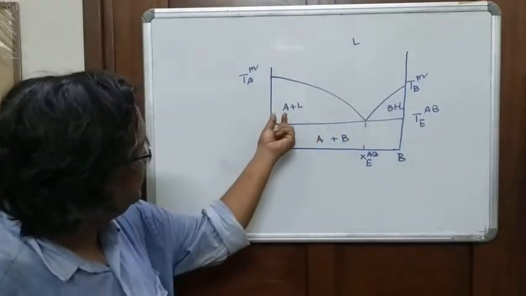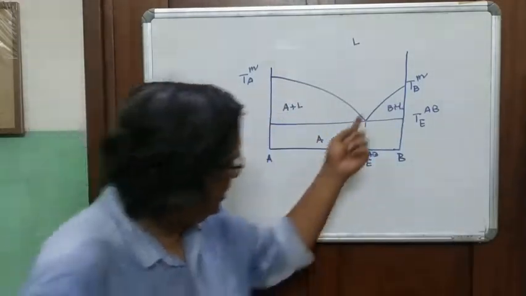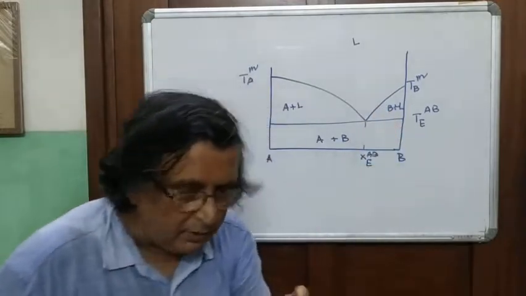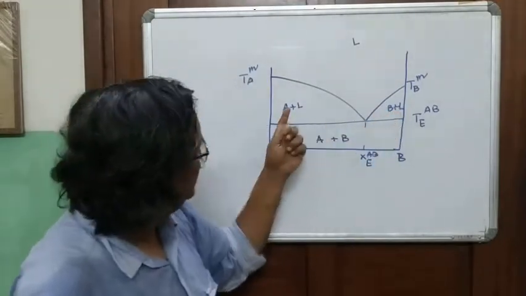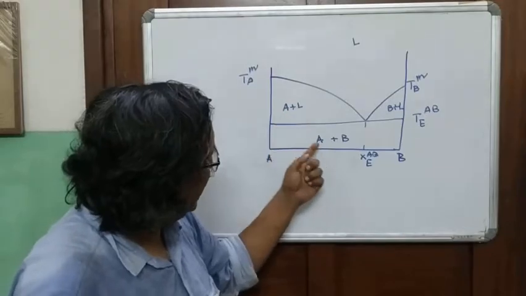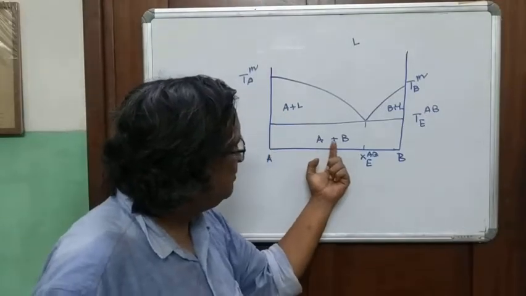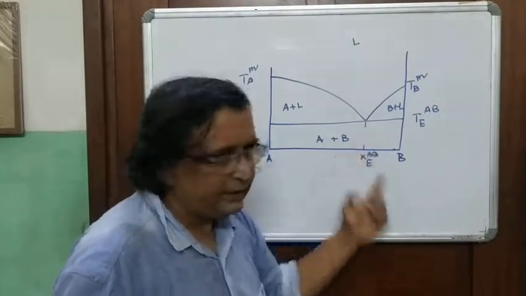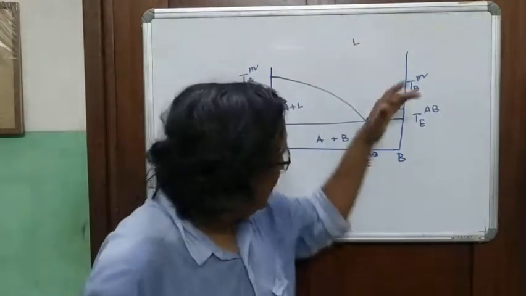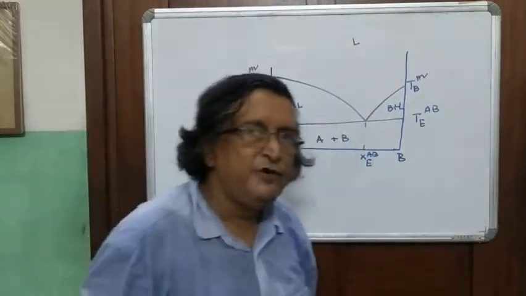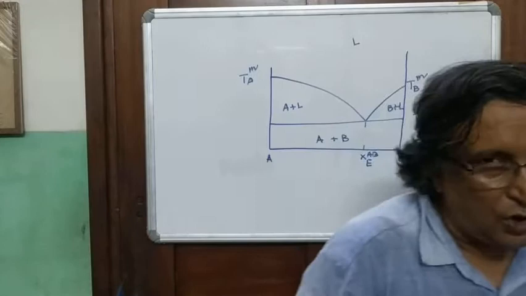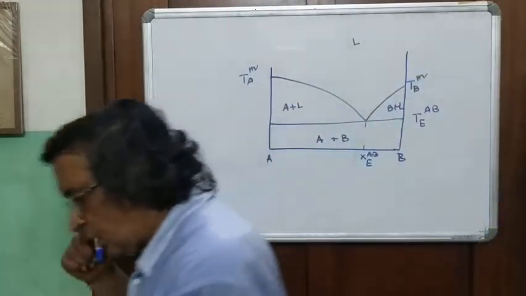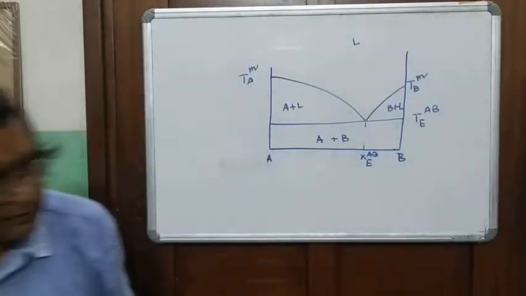So here it's pure A mineral plus liquid, here it's pure B mineral plus liquid, and here it's pure A mineral and pure B mineral with no liquid. And here, above the liquidus, you have no solids. It's all liquid. Yeah, so far so good.